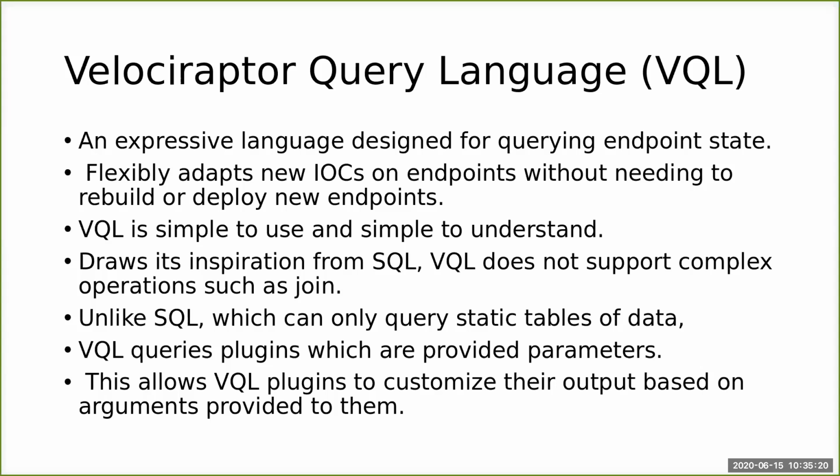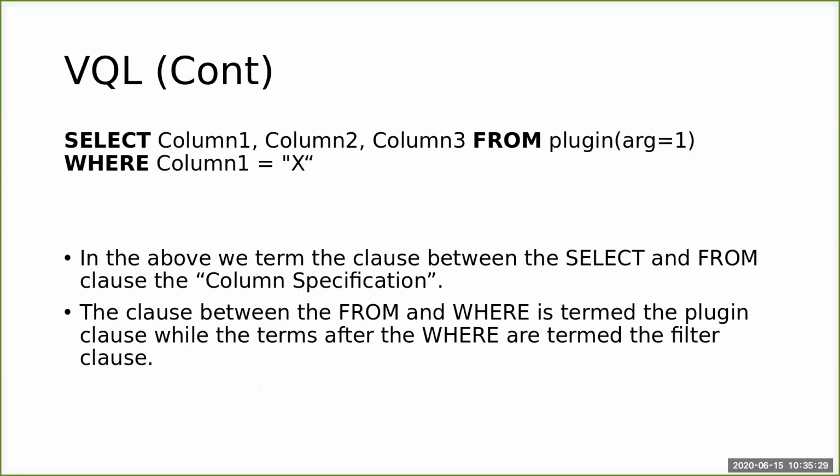Each artifact is like a YAML file, and it has the VQL that's going to execute on the client. You can modify it, and you can create your own VQL queries on the fly. It kind of looks like this. It's like a SQL statement, except it pulls data from a plugin.